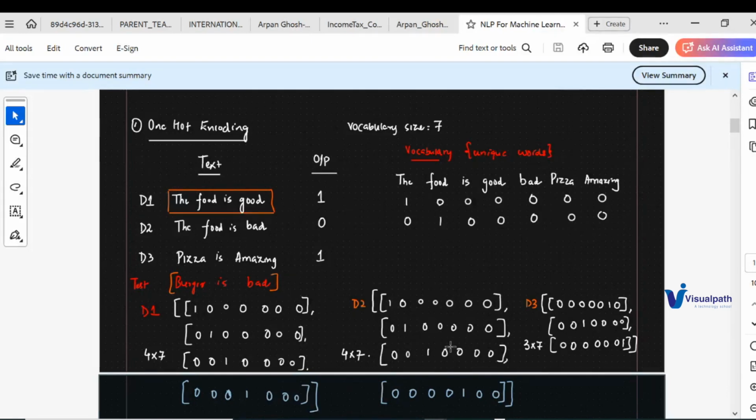No, right? You're not able to capture the context here. It is just simply labeling. The words are being labeled either one or zero, right? It is not able to capture the context of them, because it is simply labeling by 1 and 0.